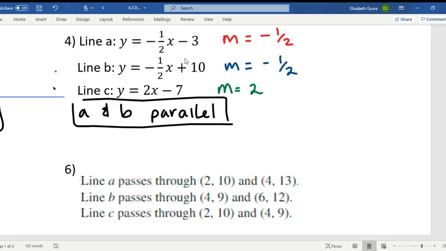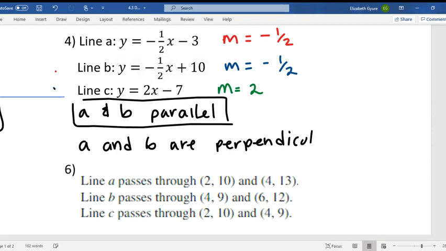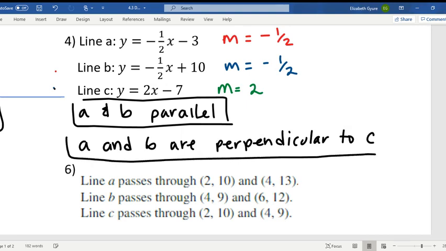So what we're going to say here is that A and B are perpendicular to C. That would be the best way to state that. Or you can do it as 2 separate ones. You can say A and C are perpendicular, and then B and C are perpendicular, whichever you prefer. It's just a way to say it all at once.